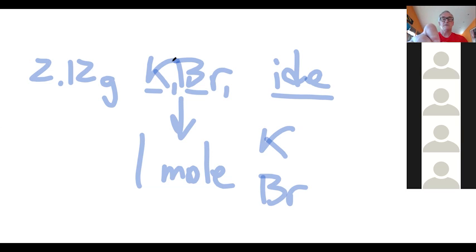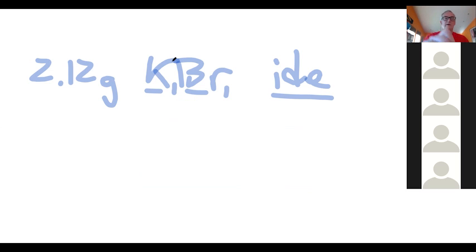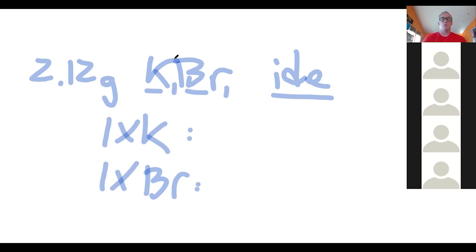So we have 1 mole of potassium and we have 1 mole of bromine. What's the mass of 1 mole of potassium? 39.0983. There you go. 39.0983.